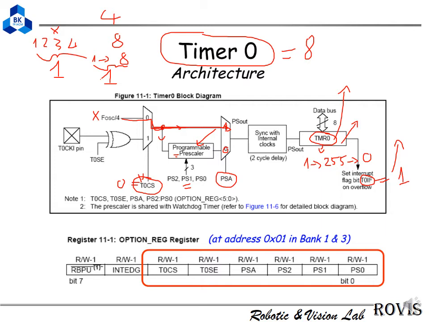The interrupt is when you set the timer, for example 1 second or 2 seconds, for doing something. After 1 second, the program will go to the interrupt function, execute it, and then go back to the main program. So to execute the interrupt function, we have to check this bit.